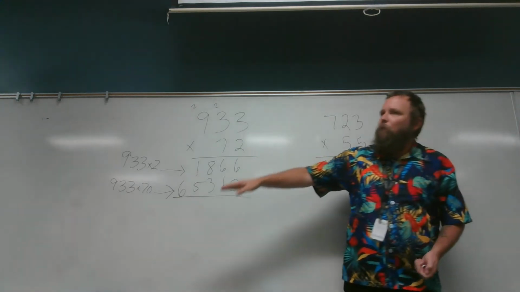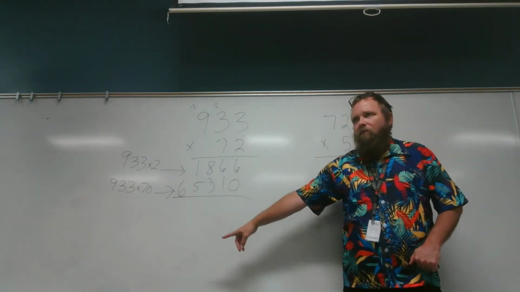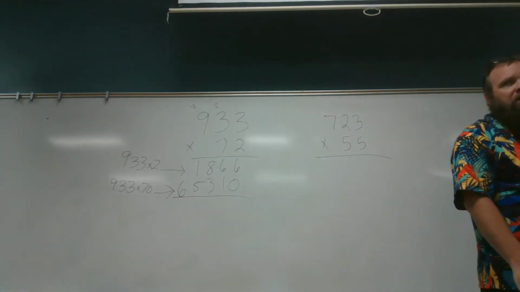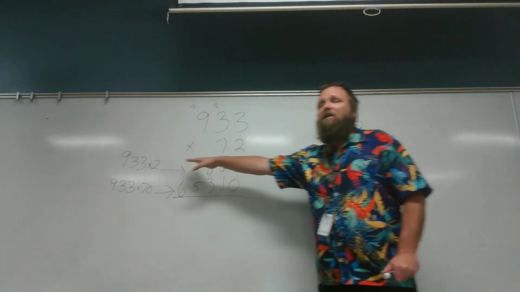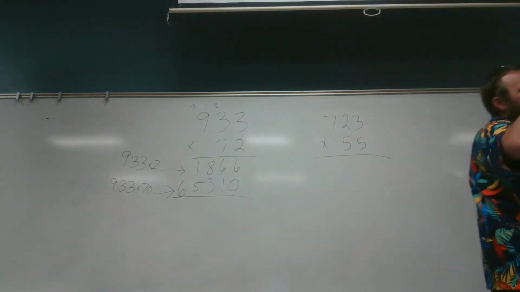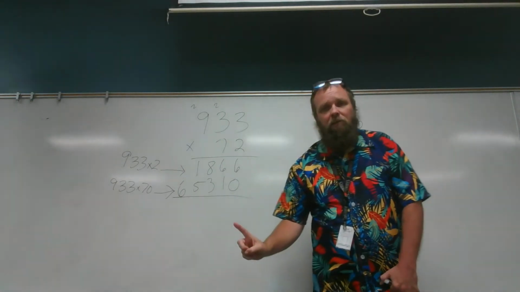If you can multiply 1 digit by 1 digit, these are easy. So I don't care if I gave you 73 digits times 73 digits, you're still only multiplying 1 digit by 1 digit at a time.